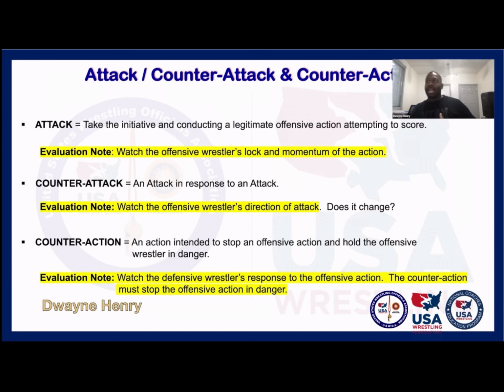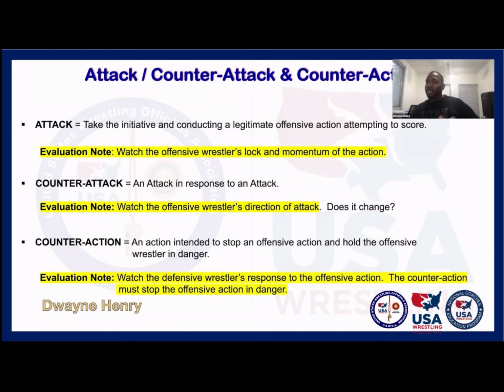As he runs at that angle, most of us have wrestled before, we understand where our head is. We're using our head against the body, running across the body at that angle, and trying to finish to the mat. So understanding that side of it helps us towards understanding counterattack and counteraction as well, right?